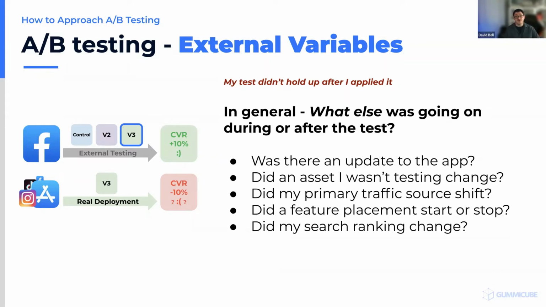It's also important to understand whether featured placements in the store were present while you were testing or after you deploy. If you get featured by Apple or Google, you're going to see a huge spike in impressions. And if you look at organic as a total basket, that will decrease your overall conversion across organics in the store. So it's important to measure search and browse separately.